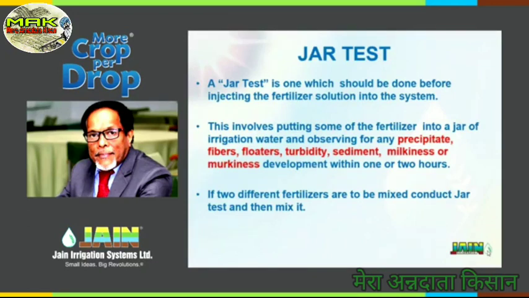Or throughout it looks murky and dirty. If within 1 or 2 hours any of these things develop, that material given to you as water soluble fertilizer is not suitable at all for fertigation. That's the test.